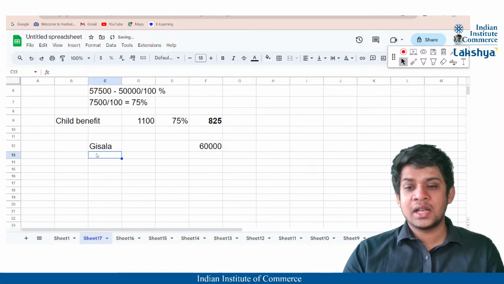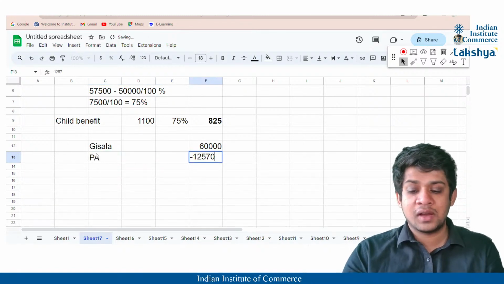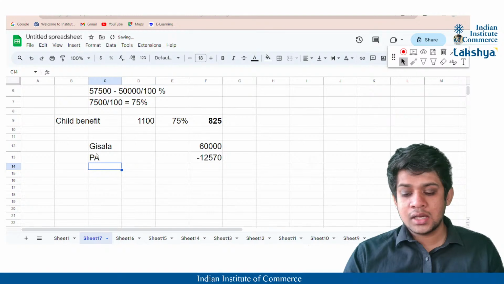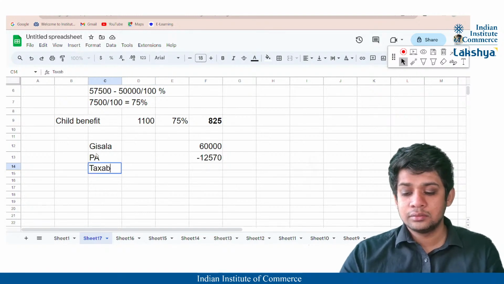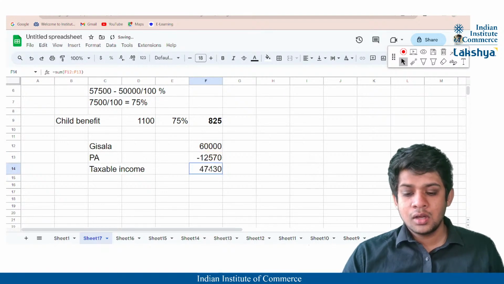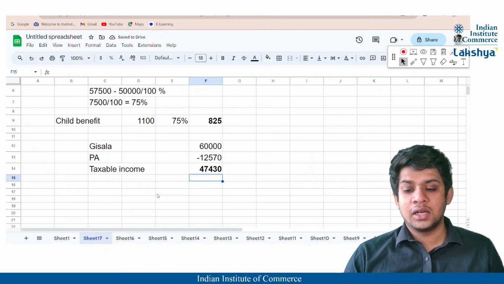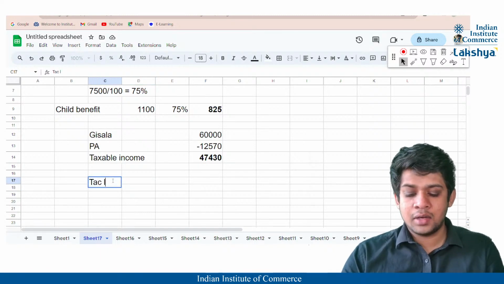The first thing that will be deducted from her income is the personal allowance of 12,570. And thus her taxable income becomes 47,430. Now on this taxable income, she will be liable for tax, and that we are going to calculate as the tax liability.